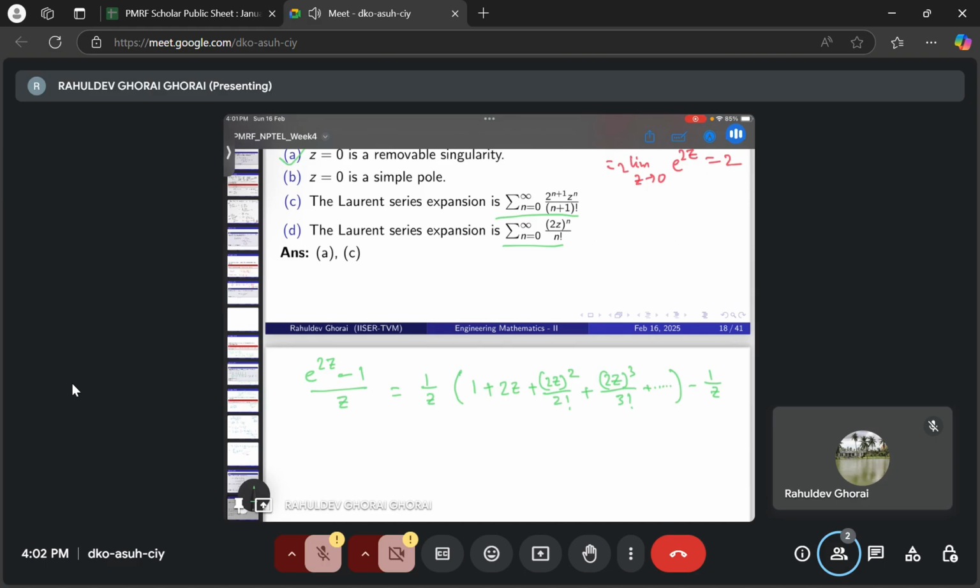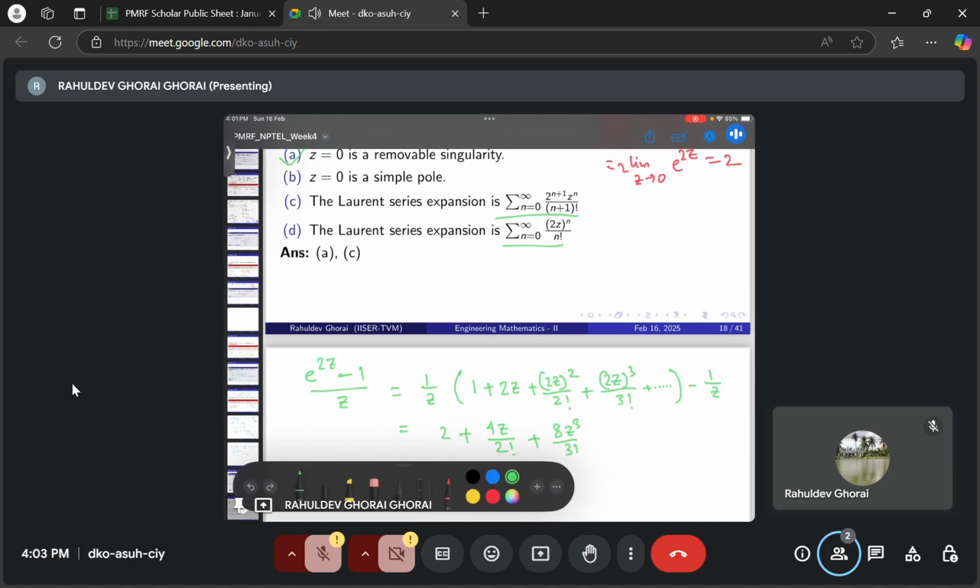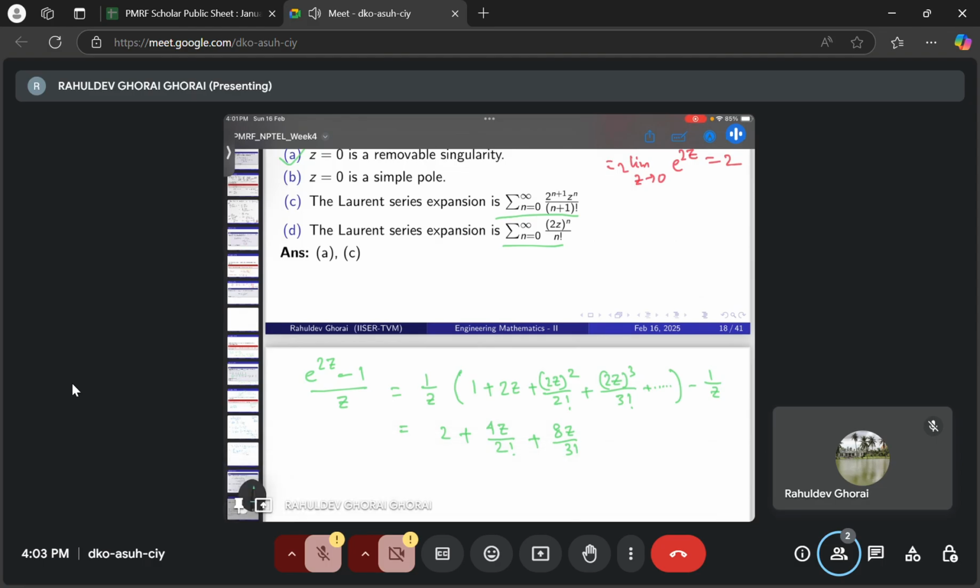The 1 over z will cancel, so it will be 2 plus 4z over 2 factorial plus 8z square over 3 factorial, and it keeps going like this.